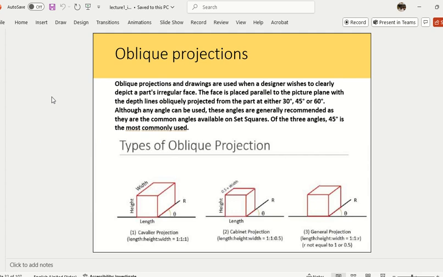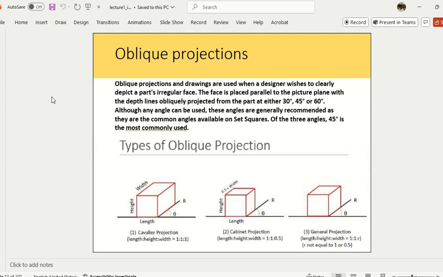For example, if I have a shape 4 by 3 by 7, and I make the shape according to these same dimensions, which method is it? The first one, right? Which is the Cavalier method.